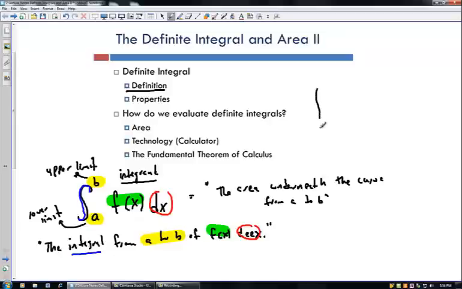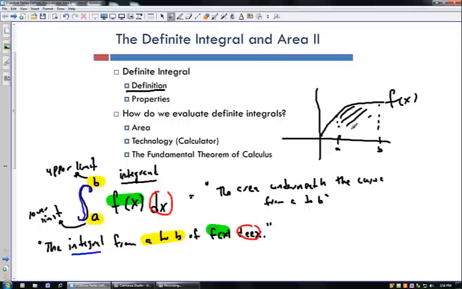And so if you had a picture here of f of x, and this is my a, and this is my b, this definite integral will actually be a number, and the number is this area underneath the curve here. And so that's the big idea.